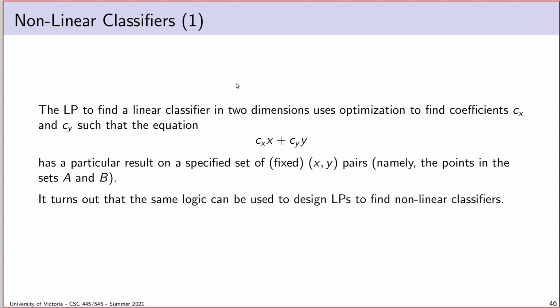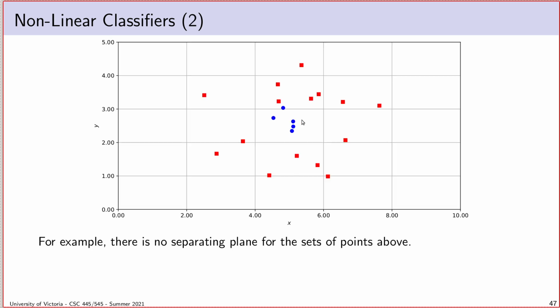Because if we think about what we really did, we came up with some coefficients for what happened to be a linear function. We used linear programming, an optimization strategy, that found coefficients on some function, which happened to be a linear function. But what's stopping us from looking for the coefficients for a nonlinear function?